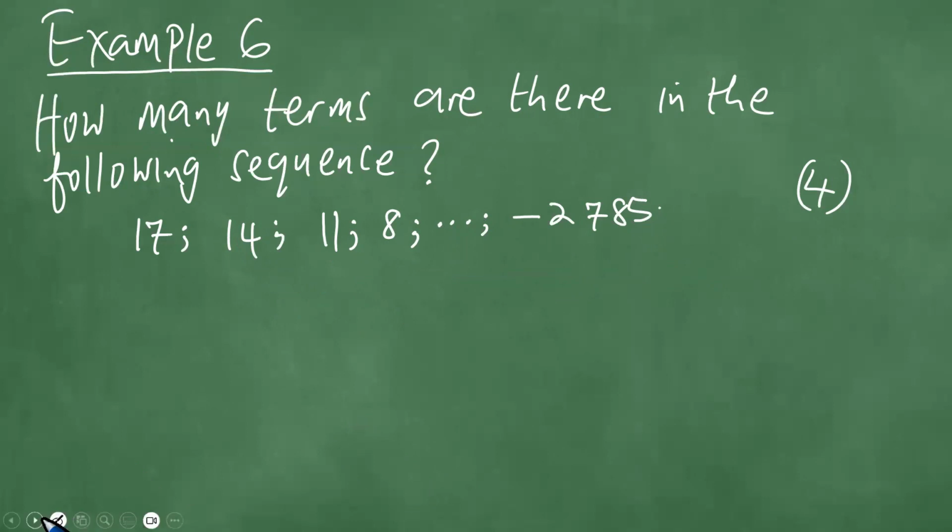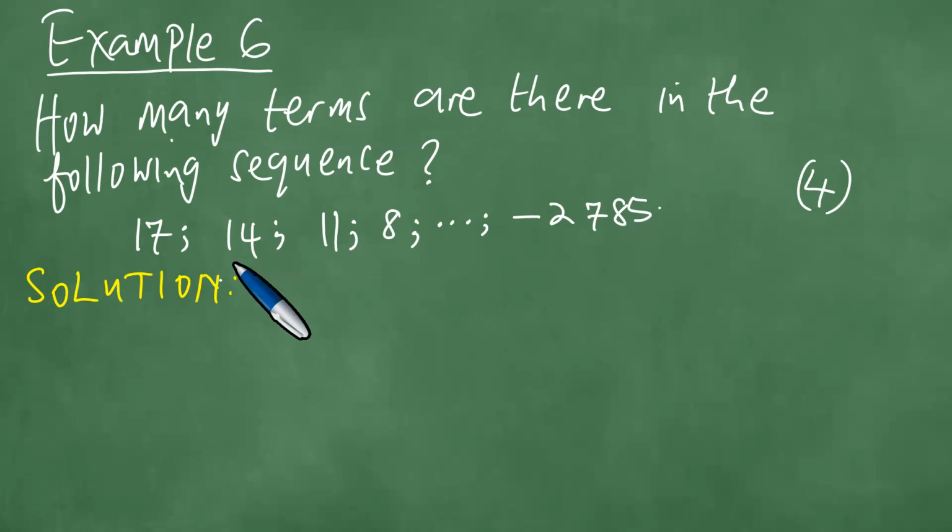Let's look at the solution to this. How many terms are there in the following sequence? Obviously, because we have been given this sequence and we have the last term, you need to look at the last term.